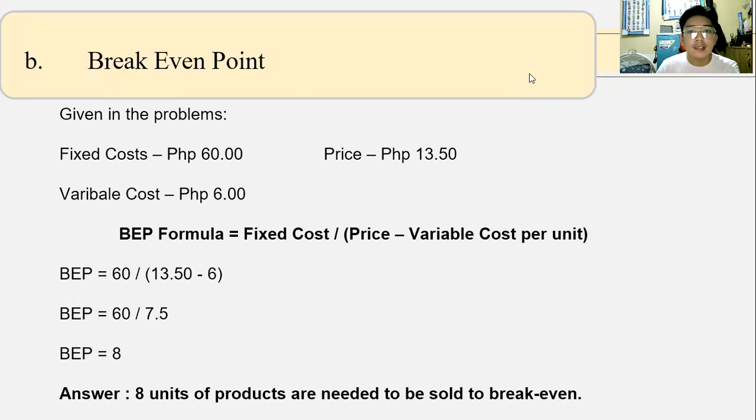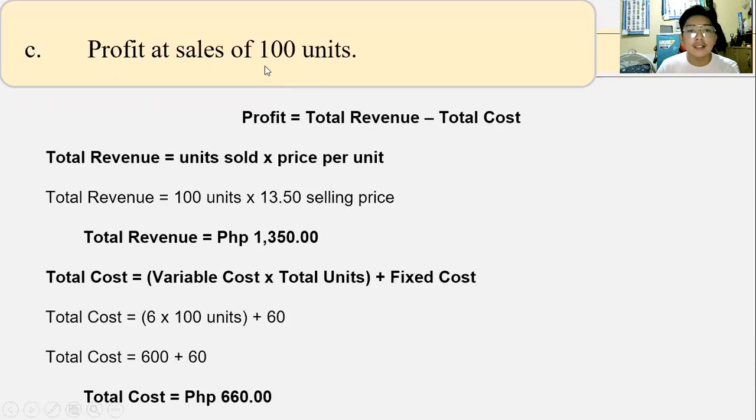Then the next problem is the profit at sales of 100 units. Here we're going to go through different steps. The equation of profit is total revenue minus total cost. First we're going to get the total revenue, and then we're going to get the total cost.